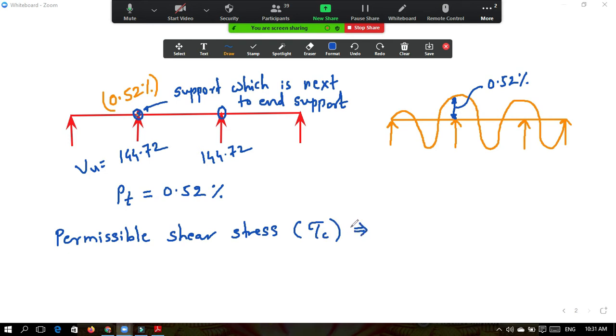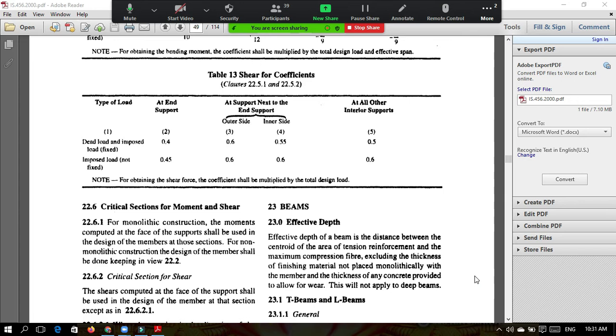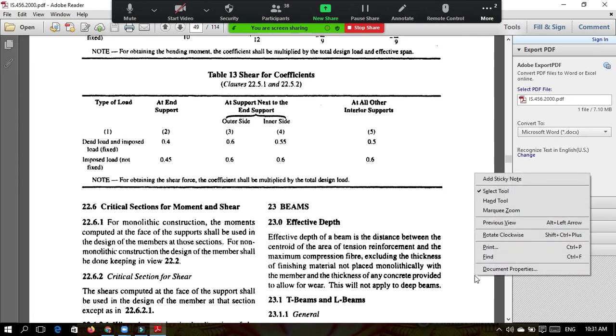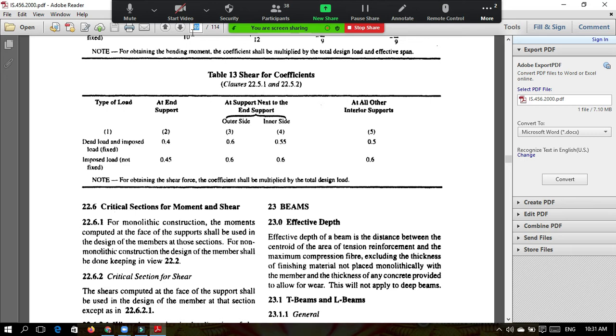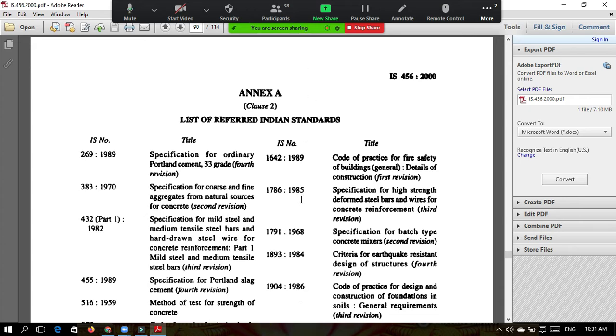From where are we going to calculate permissible shear stress? Table number 19. We are going to use table number 19, so we need to go to that table.